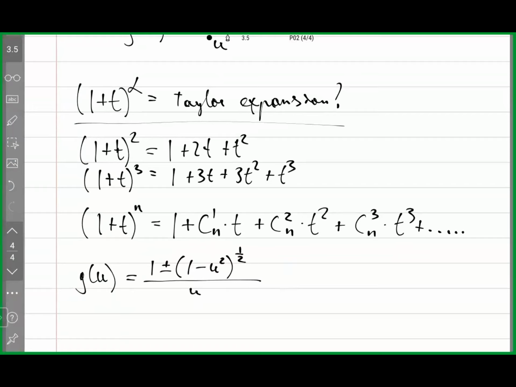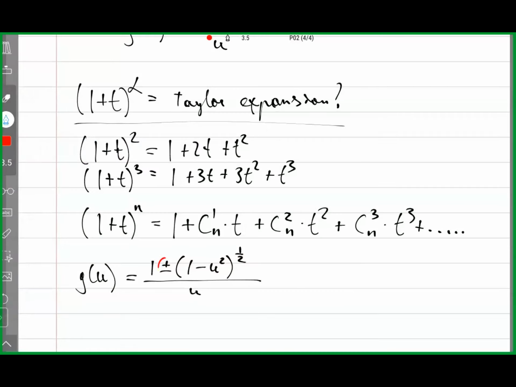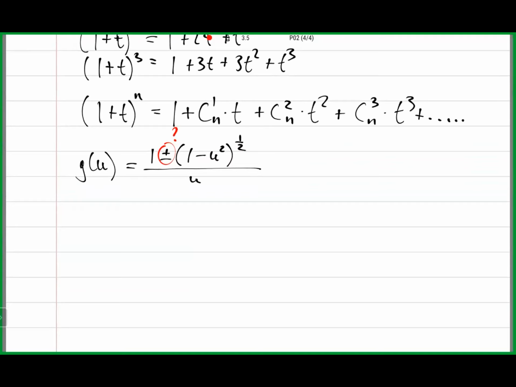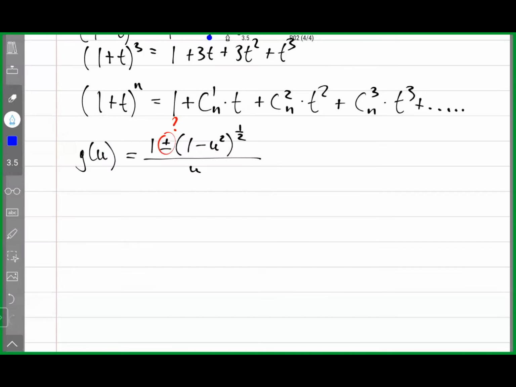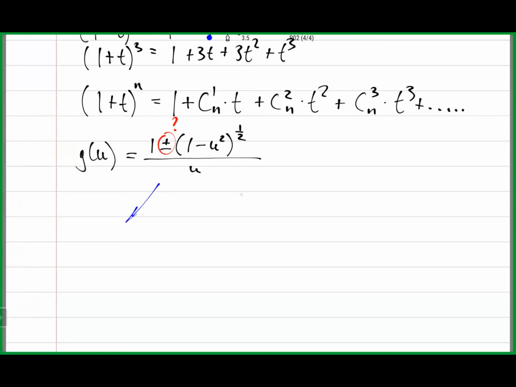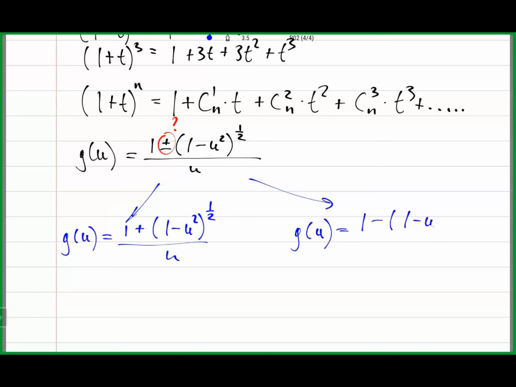So first question, shall we choose plus or minus? Imagine that we have 1 plus or minus the root of 1 minus u squared, over u, g of u. Which one do we need?